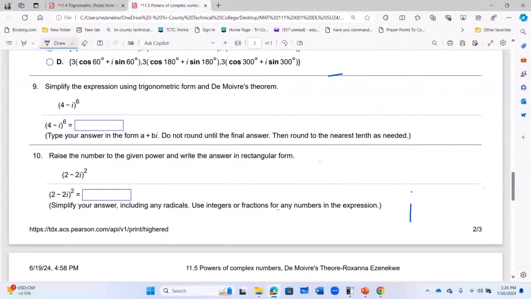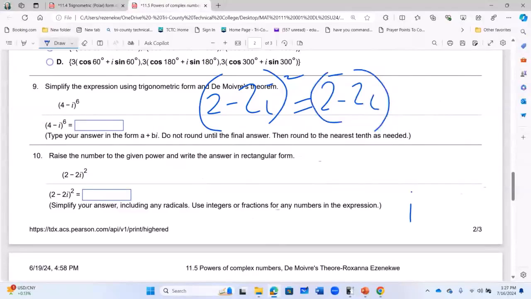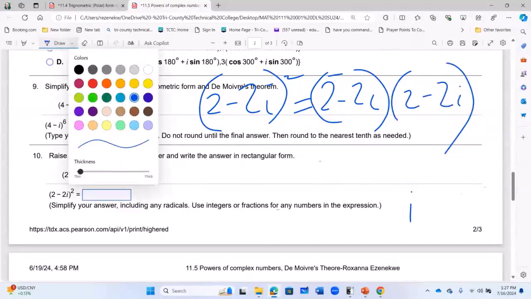In number 10, I have 2 minus 2i squared, and I can just rewrite it as 2 minus 2i multiplied by 2 minus 2i. Now that I have done it this way, I can FOIL.